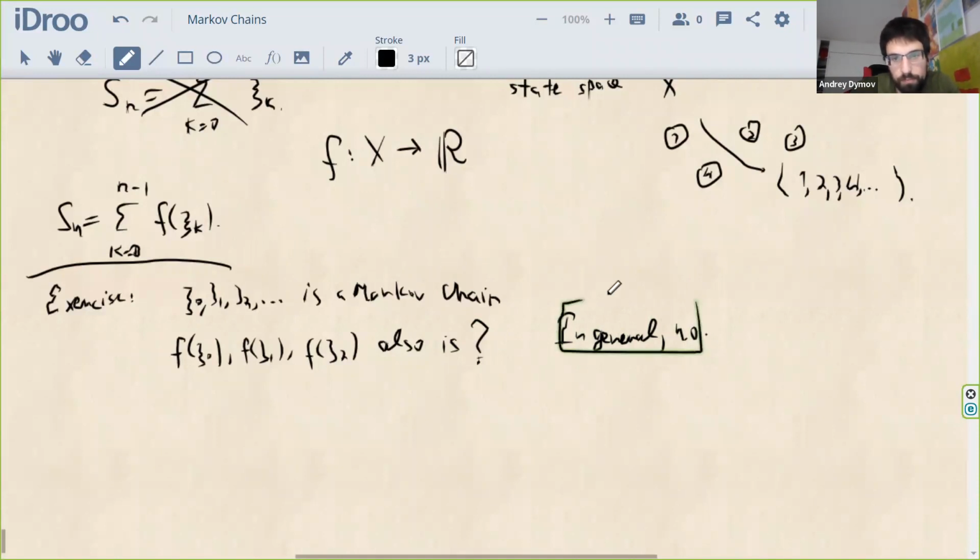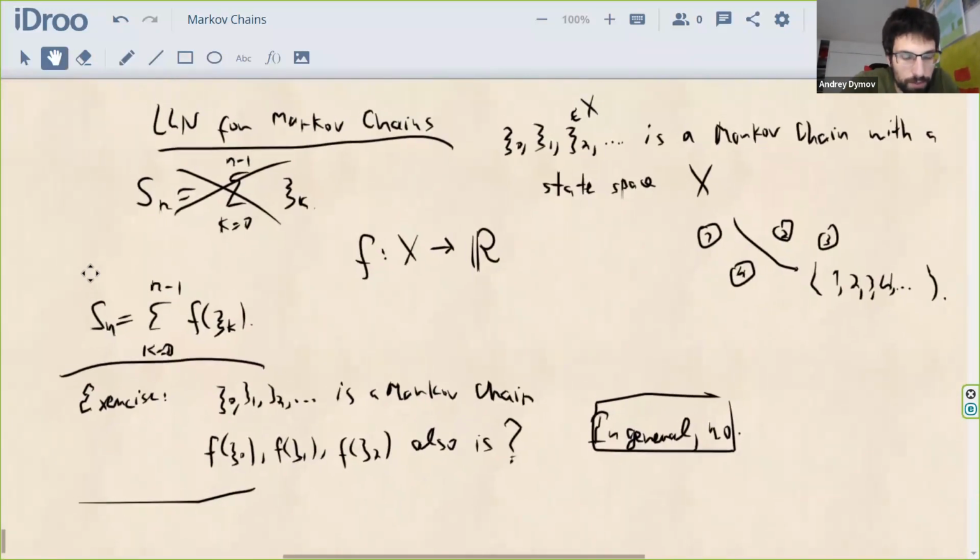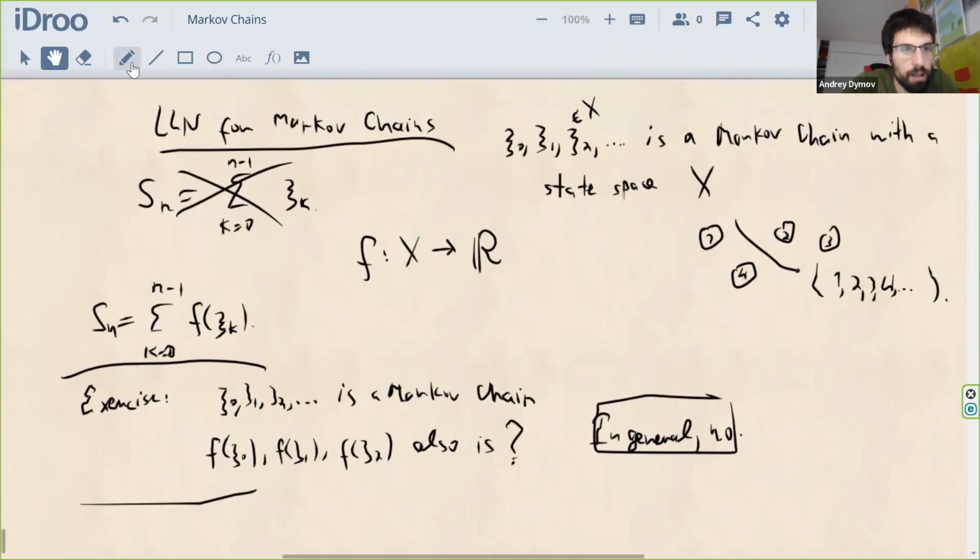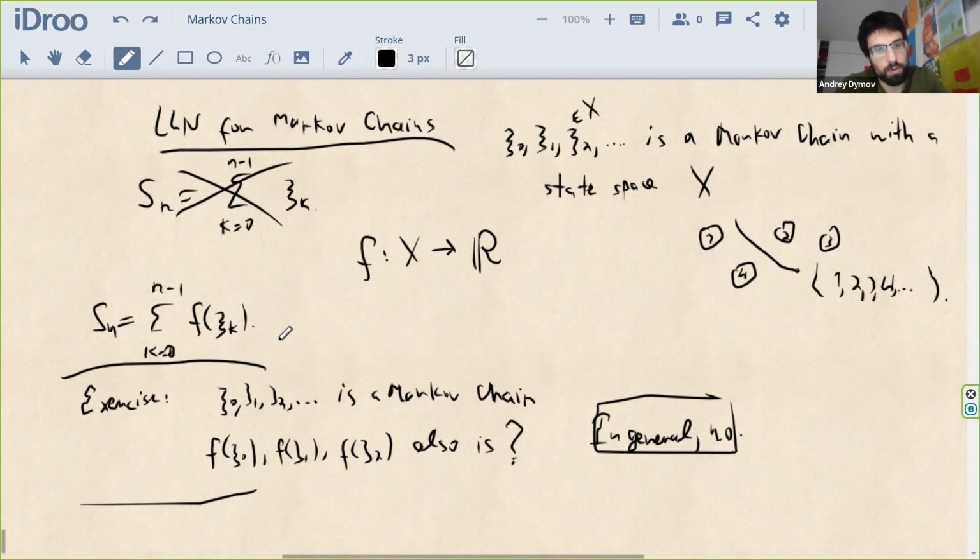You see? So when I introduce this function f here and consider this object instead of this object, indeed I consider something much more general, because this sequence is not anymore a Markov chain for many functions.